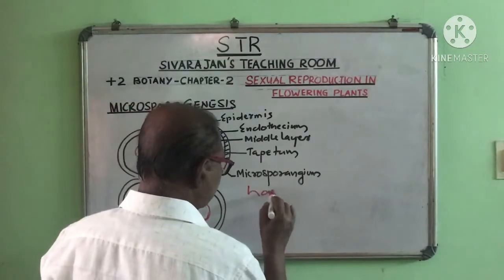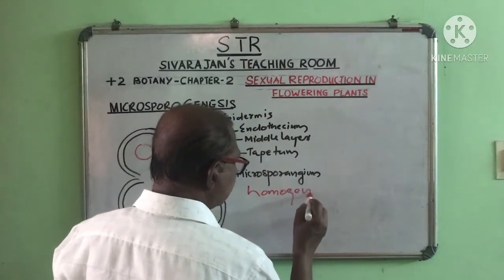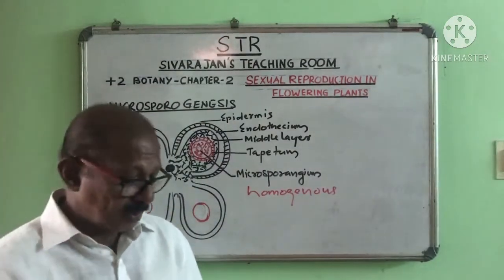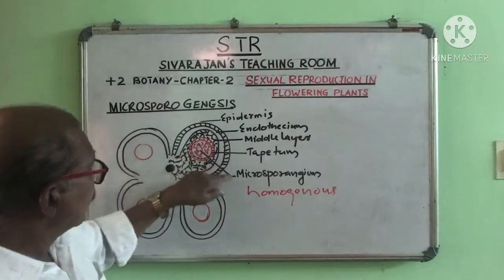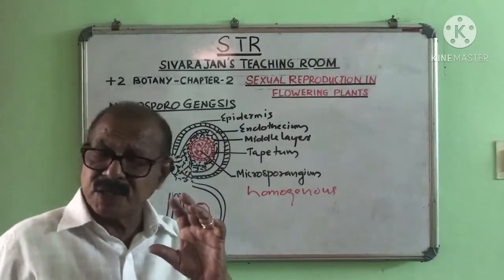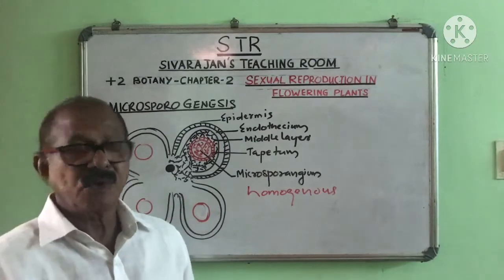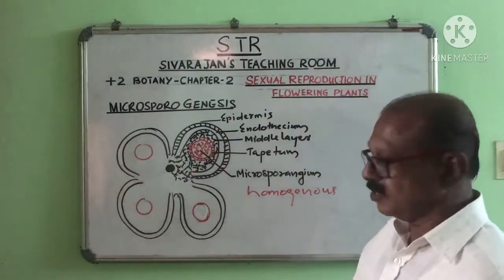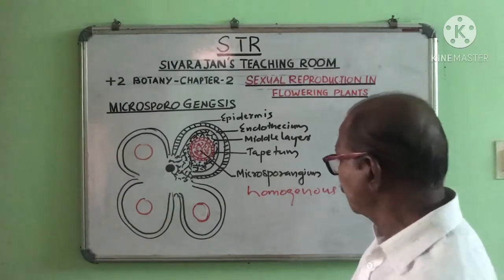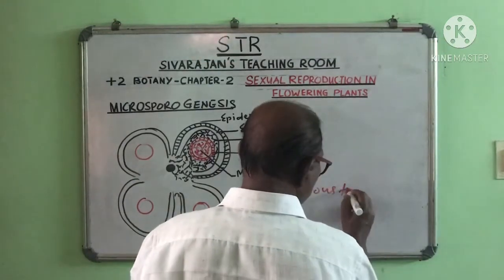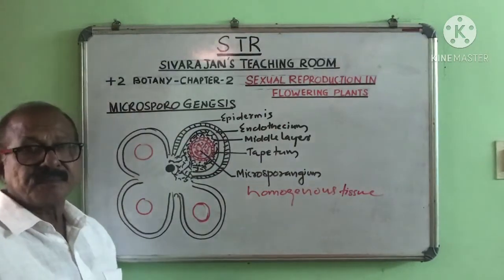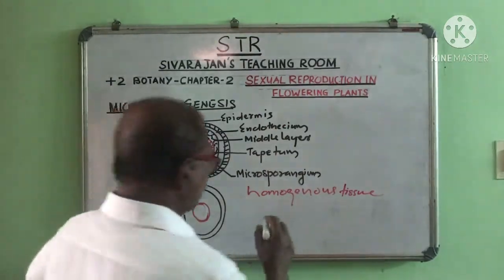Homogeneous means the same type. So this homogeneous tissue inside the microsporangium is called sporogenous tissue.